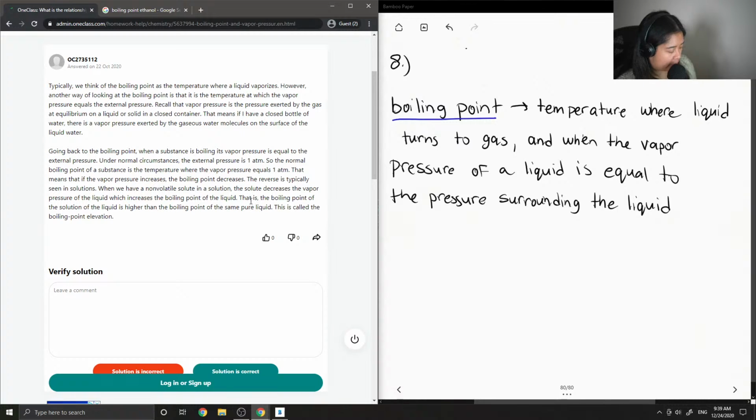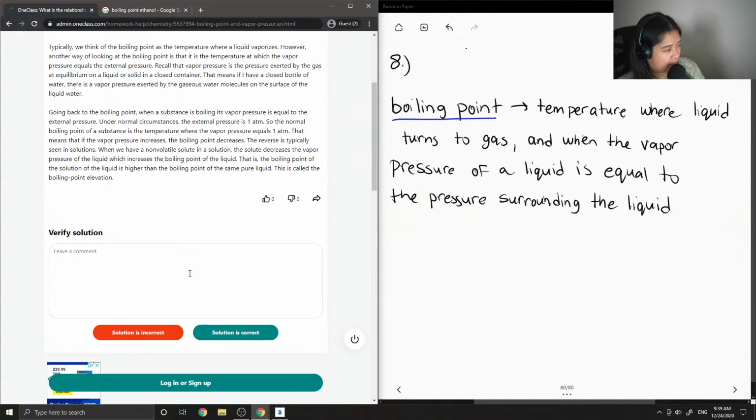Yep, so for the last part, that makes sense a bit, but it takes a couple readings to try and understand completely. But I'll say the solution is correct.